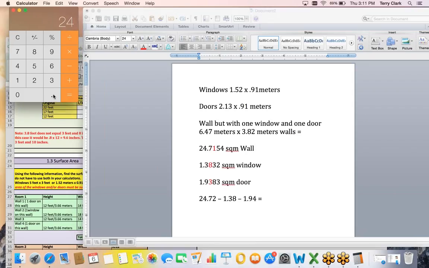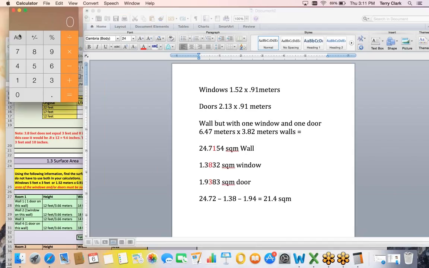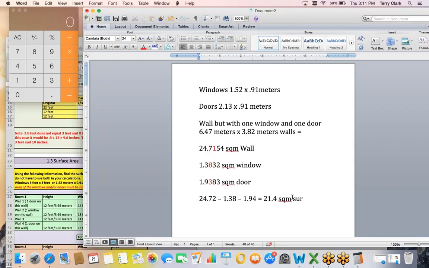So we've got 24.72, and then that's going to give us 21.4 square meters. Okay, so that's our final answer, 21.4 square meters of surface area for the wall.